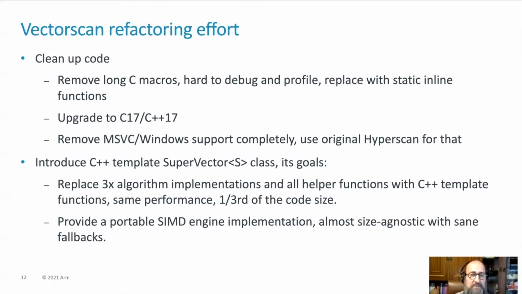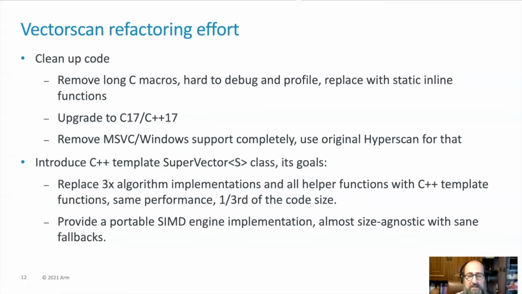It was split in two steps. First step was to clean up the code. That involved removing long C macros, hard to debug and profile, and replacing them with static inline functions, upgrading compiling standards to C17 and C++17, and removing Windows support. If you really need that, please again use the original Hyperscan project.